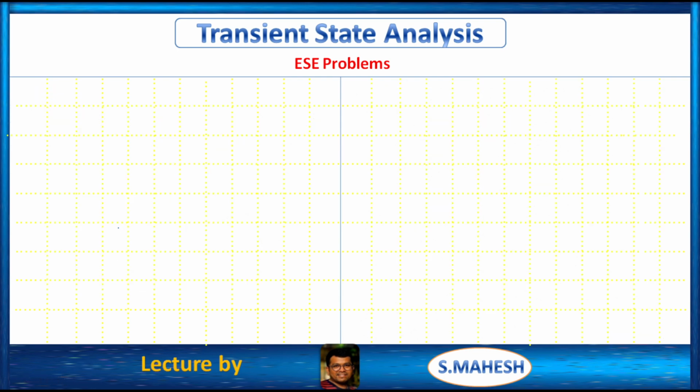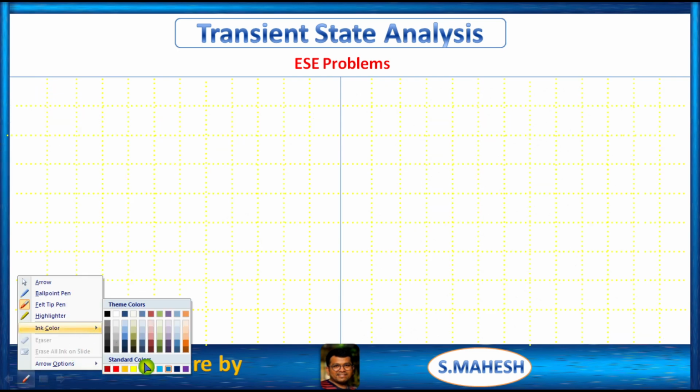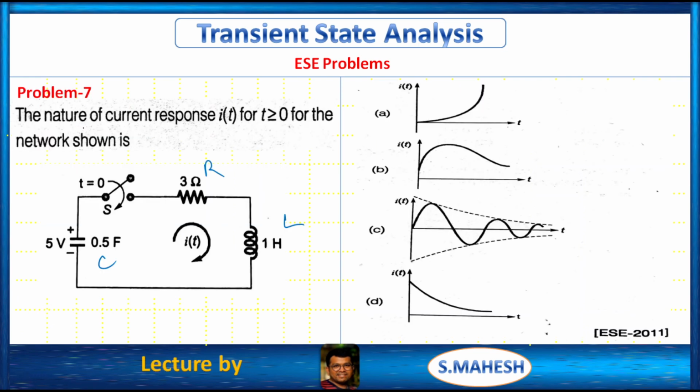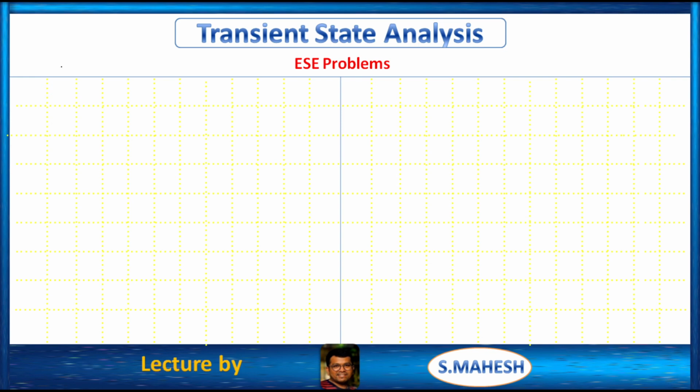So from this, 5 volts is nothing but, let us assume, a step voltage. Assume, right? Therefore the circuit becomes what?